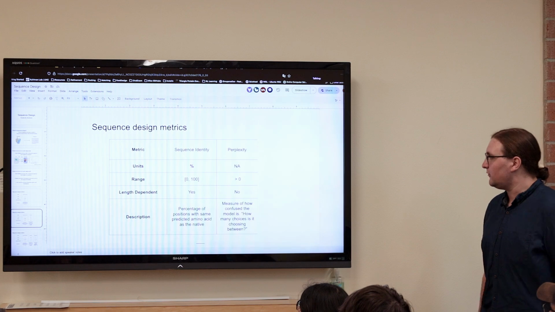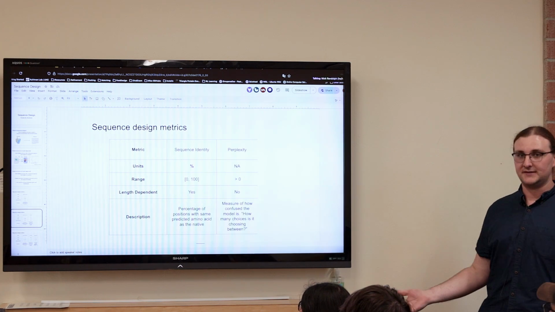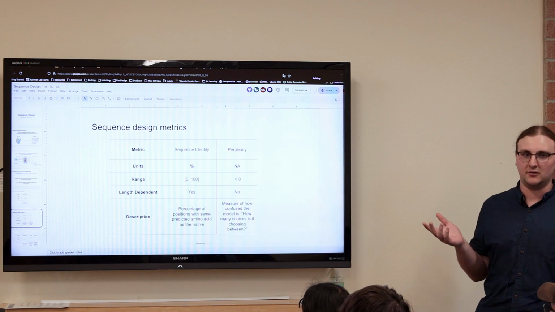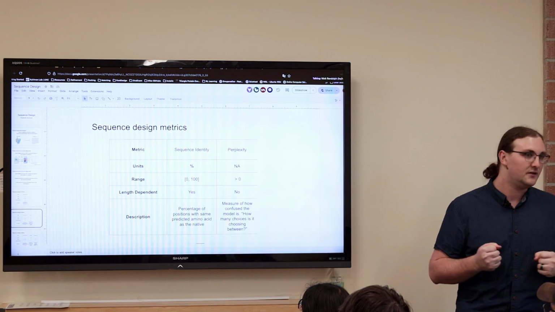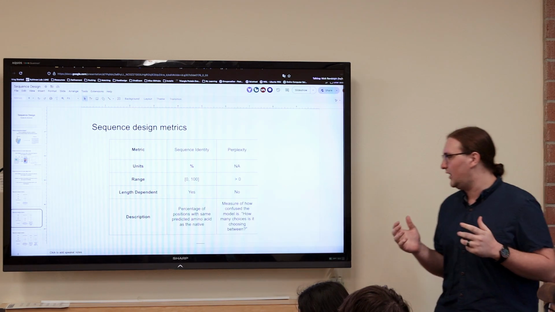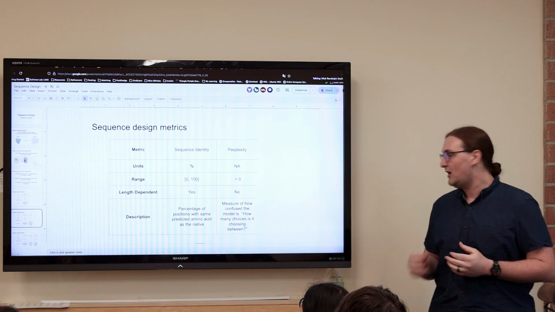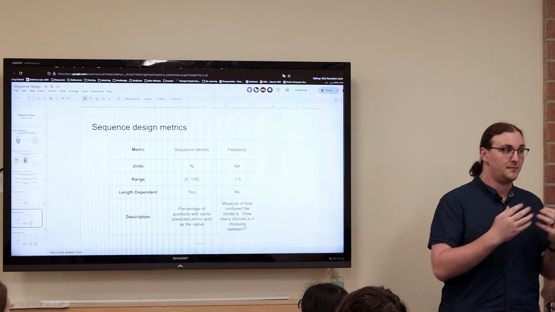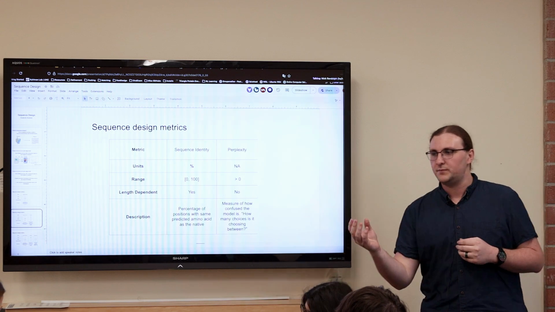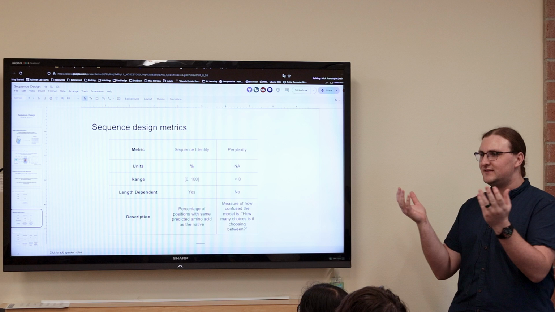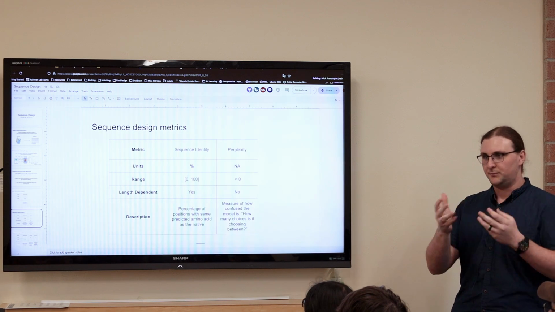Another one that you're probably less familiar with is called perplexity. This is a measure of how confused the model is when it's trying to make its selection. One thing that's a little more intuitive to grasp is essentially this question: how many choices is it choosing from when it's trying to make its decision? So if it's looking at a residue position and its perplexity is 6, it's trying to choose between 6 residue types to place there.